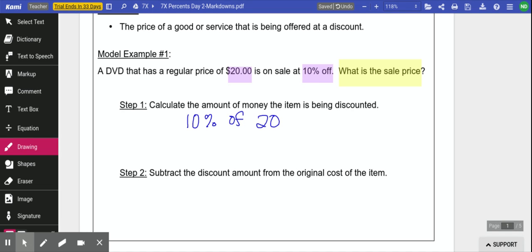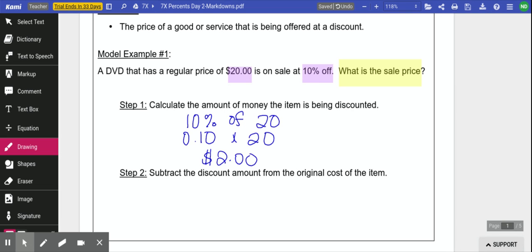But before we do that, we have to convert our percent into a decimal, or you can convert it into a fraction, but I like to convert it as a decimal. So 10% written as a decimal is 0.10 or 0.1, and I'm multiplying that by 20. Now 0.10 times 20 gives us 2, more specifically $2. So that tells me that my discount price is $2.